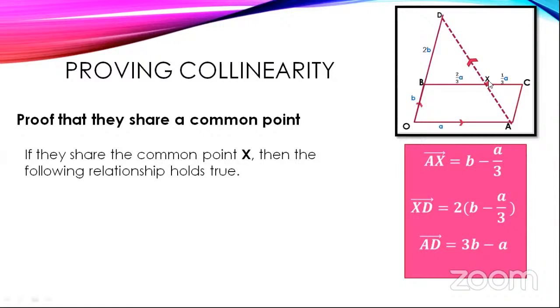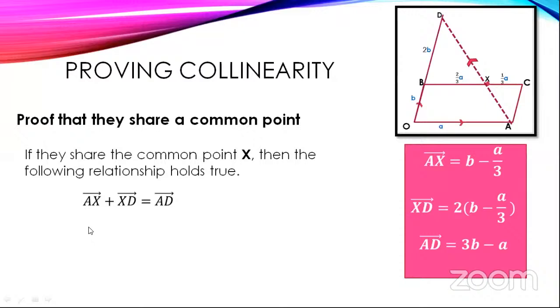So we are going to prove that AX plus XD is equal to the entire length of the line segment, the line here, AD. That is what we're going to prove. So, students, when I say that we're going to prove something is true, we're going to see if this statement is balanced.